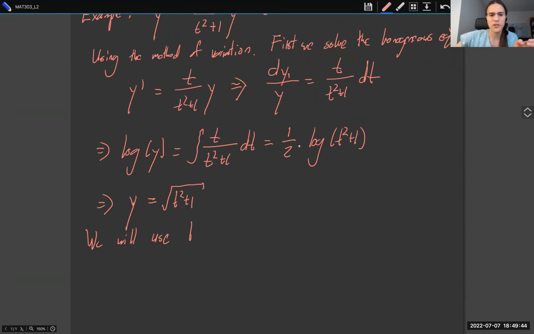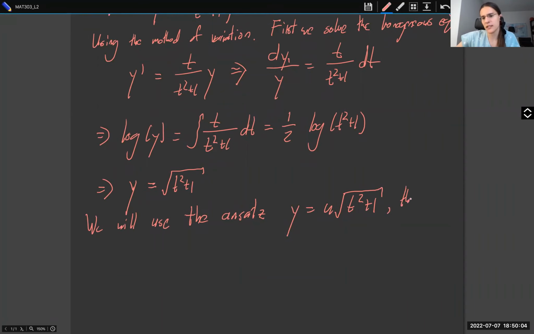Okay, so we will use the ansatz that y is equal to u times the square root of t squared plus 1. So u is an unknown function, and we just assume that the solution to the general equation is this.